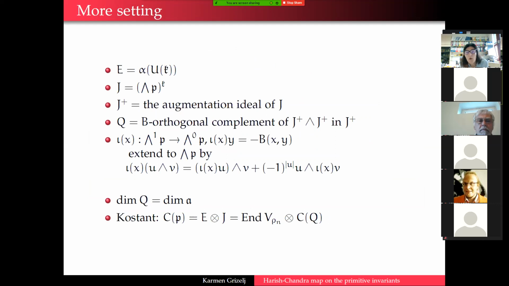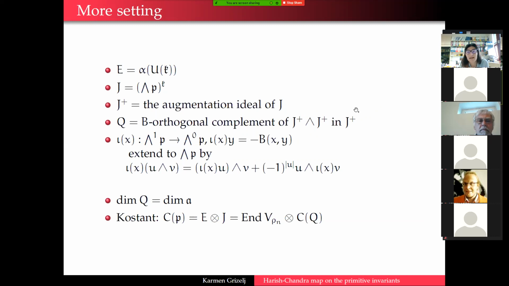And now I want to define so-called primitive invariants. So first of all, let's denote by J plus the augmentation ideal of J. That would be, if you have a graded space, well, J is definitely a graded space because the exterior algebra of P is. So as a subset, it is graded.